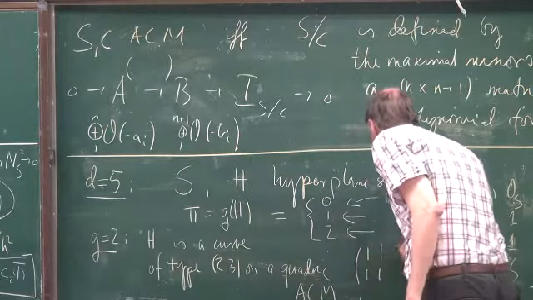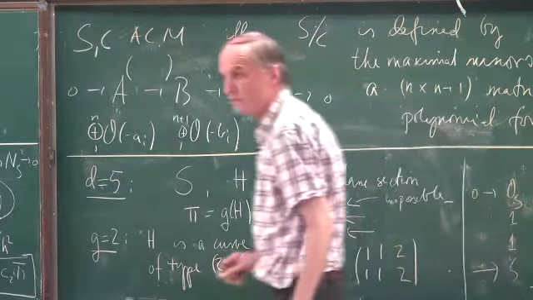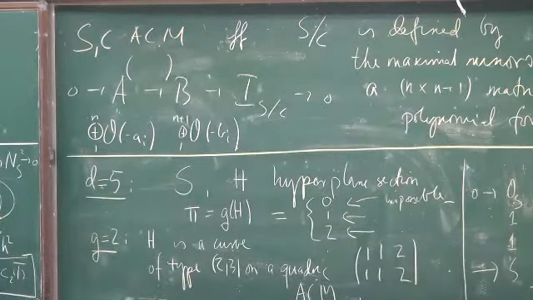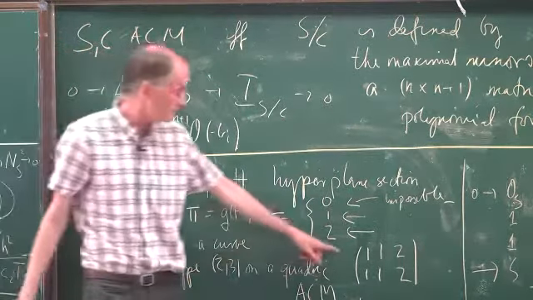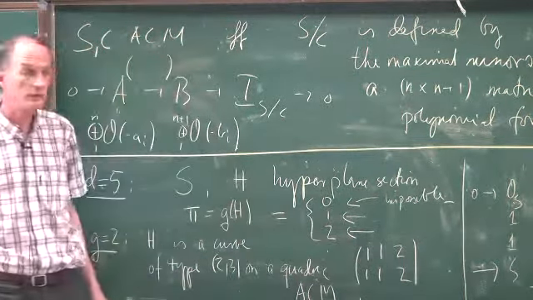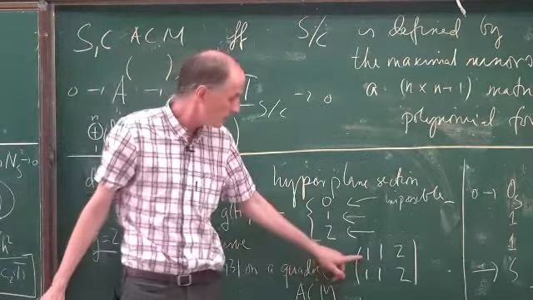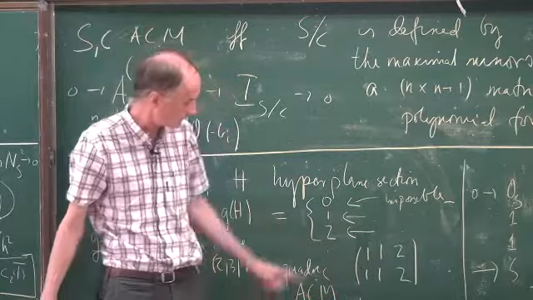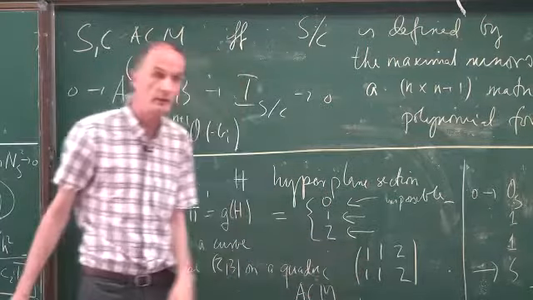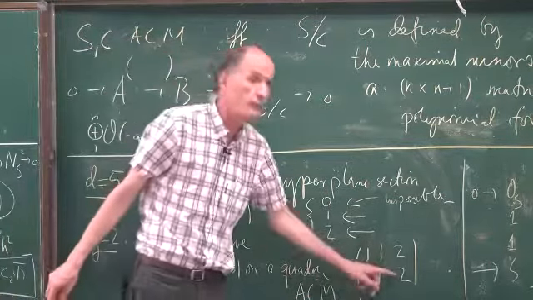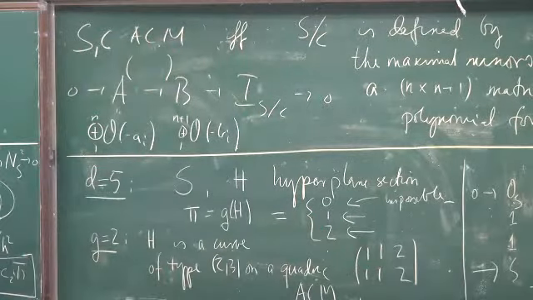And the matrix has polynomials of these degrees. The matrix that defines this is a 2 by 3 matrix with these linear forms and 2 quadratic forms.